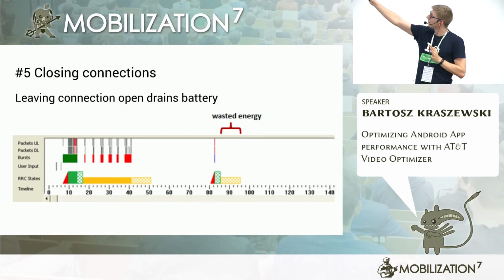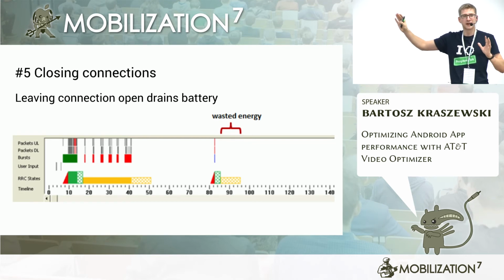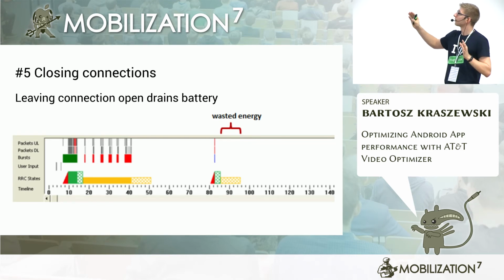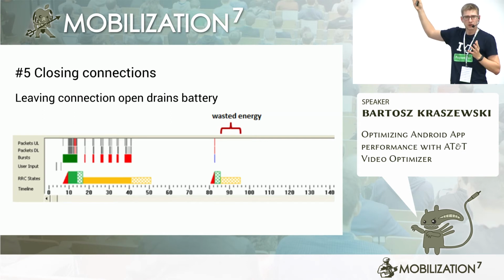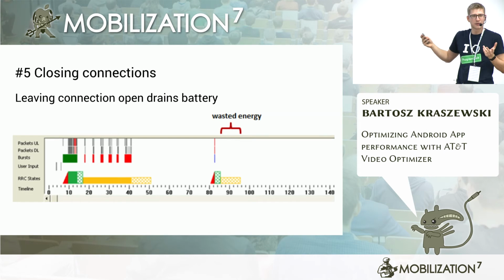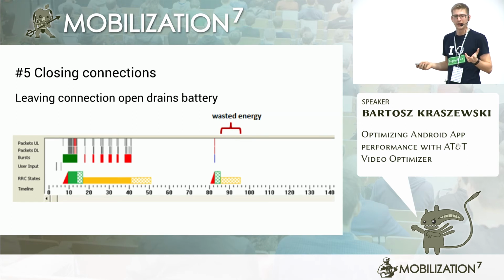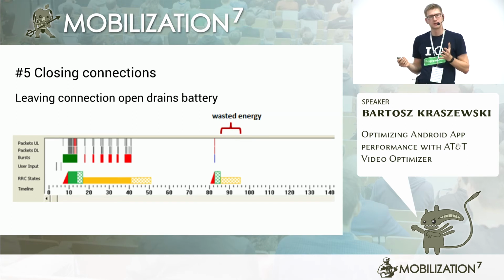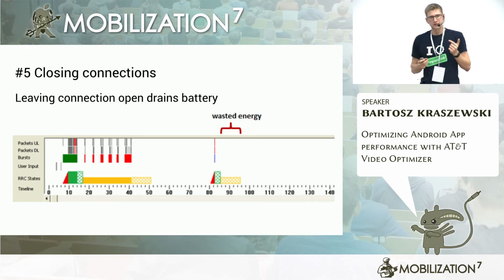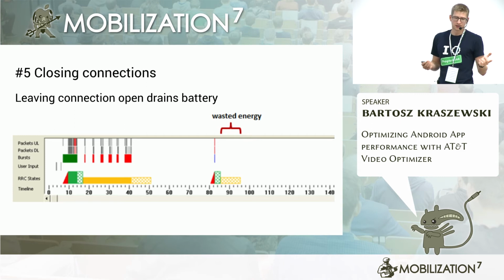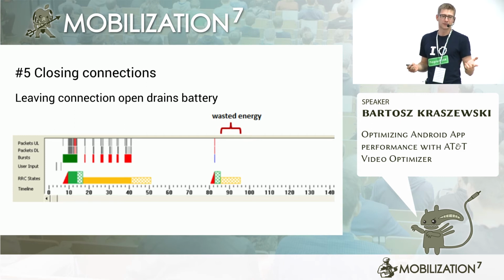See, those are our requests. They're perfectly grouped. We did a really good job with grouping our connections. But there's this ugly blue spot that's asking our RRC state to work again, and we are wasting energy. What is it? That's actually the connection timeout. That's information from the server saying, hi, you are not doing anything here, what's happening?